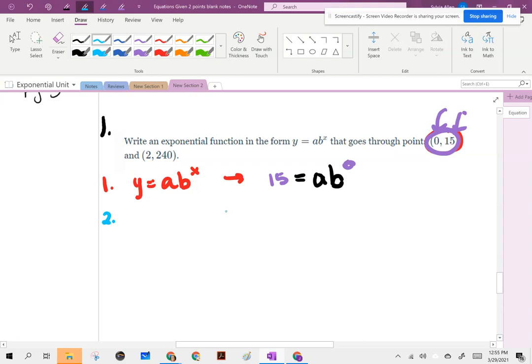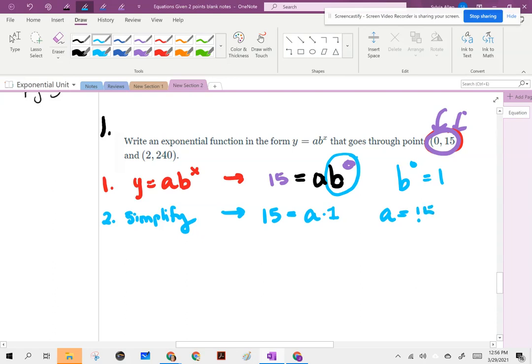So what we're going to do is simplify, which gives us 15 is equal to a times 1. Remember that anything to the 0 power is 1. So a times 1 is just a. So we have a is equal to 15.